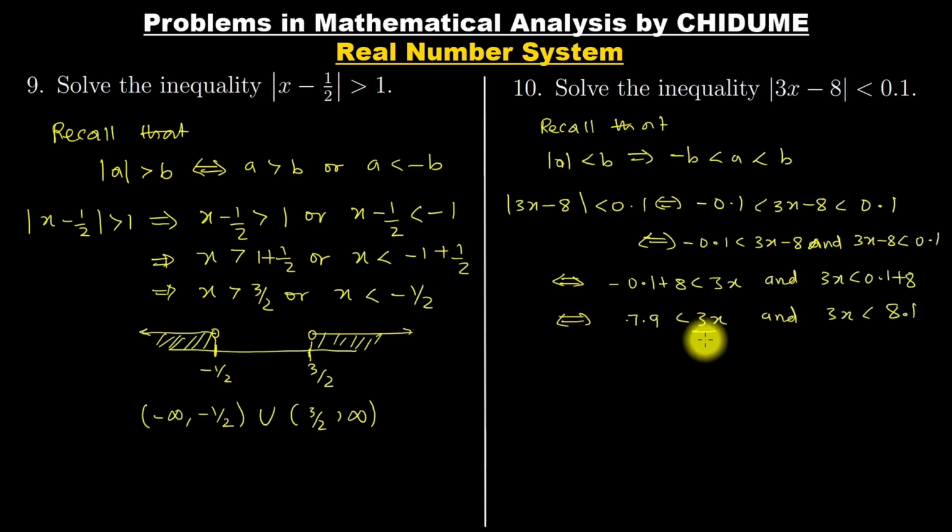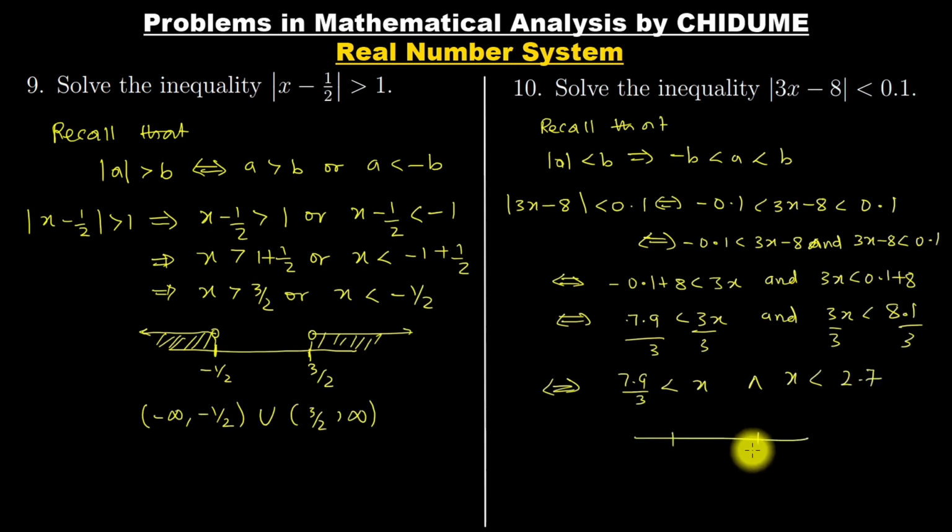If I divide both sides by 3, it's true if and only if 7.9 over 3 is less than x, and x is less than 2.7. And if I put this on the number line, here I will have 7.9 over 3, and here I would have 2.7.